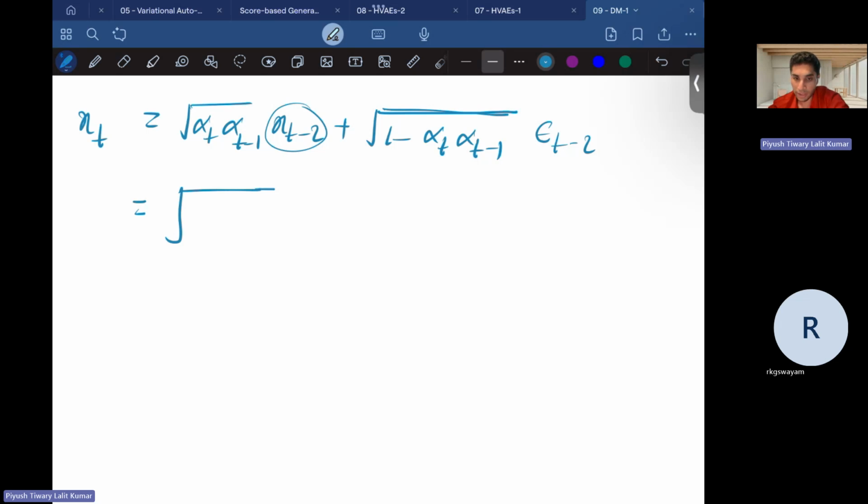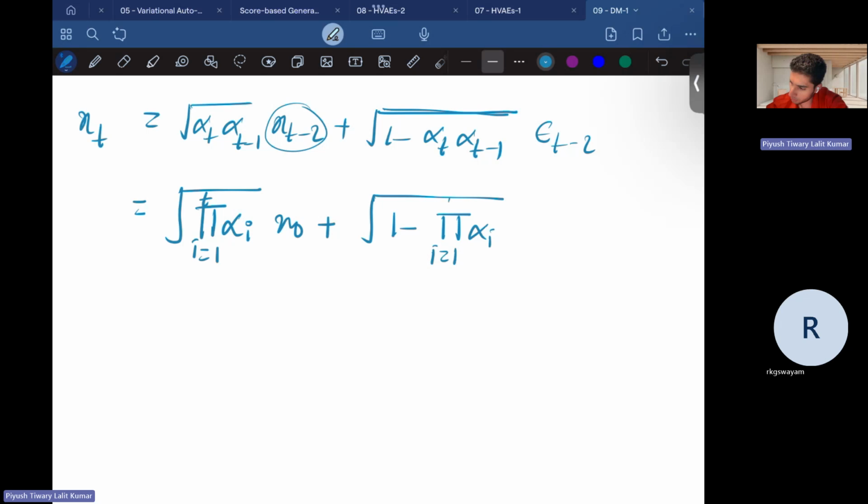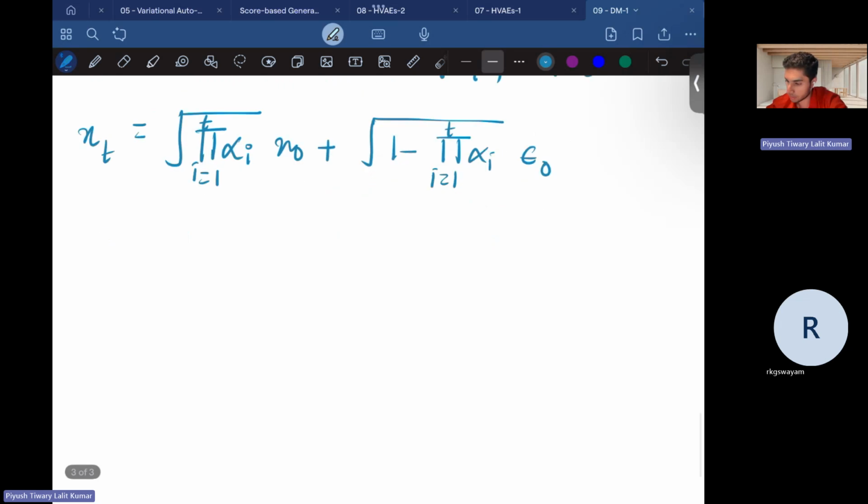If you keep doing it recursively till x naught, this will become the product of alpha i's, i going from 1 to capital T, x naught plus square root of 1 minus the product of alpha i, again i going from 1 to t, epsilon naught. This is what x t will become in terms of x naught.